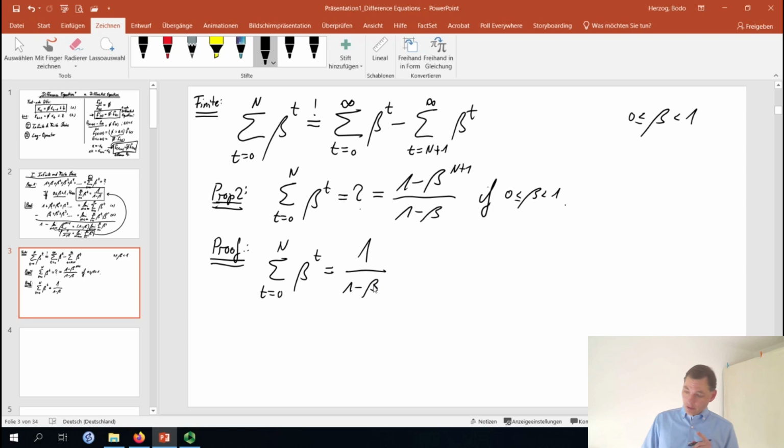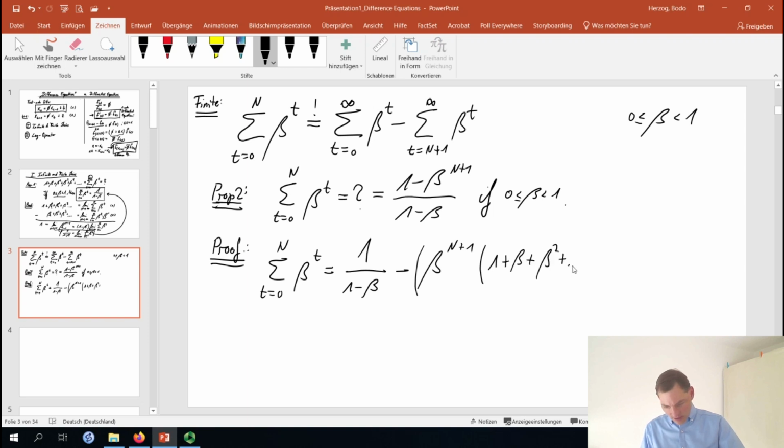Now the second term, what is it? It's minus, and the first term starts at n plus 1, beta to the n plus 1. Then maybe we make a bracket here, the next term is beta to the n plus 2, and so on and so forth. But this basically can be written as 1 plus beta plus beta squared plus and so on.